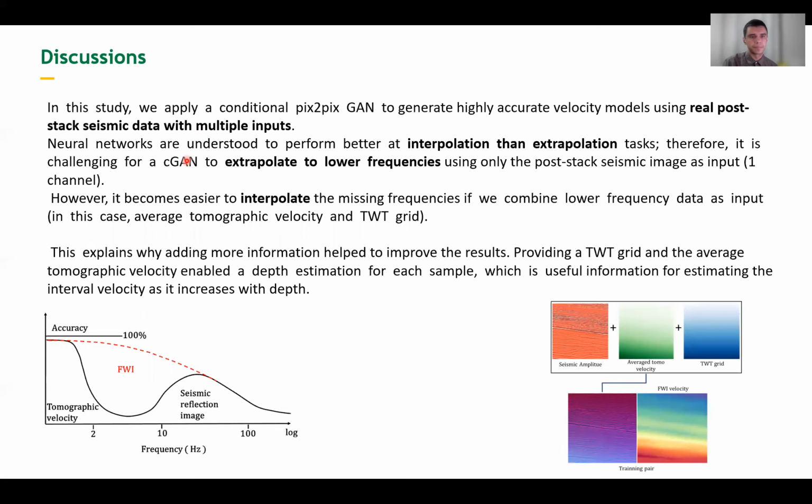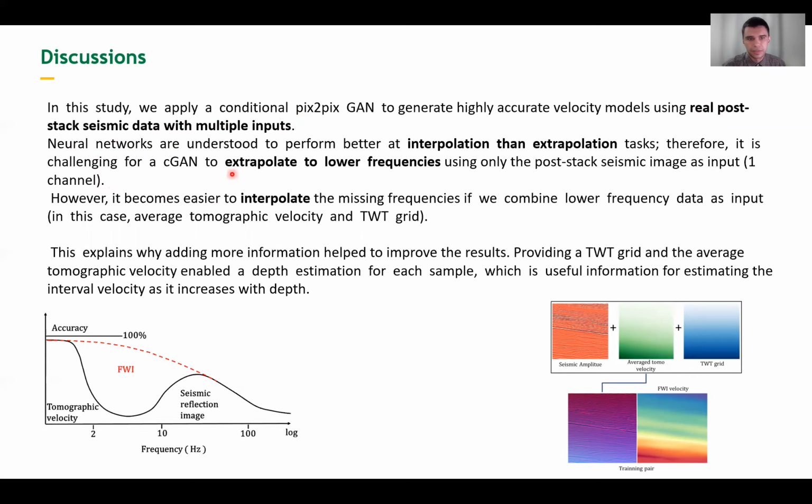In this study, we apply a conditional pix2pix GAN to generate a highly accurate velocity model using real post-stack seismic data, and multiple inputs. Here is the big difference.